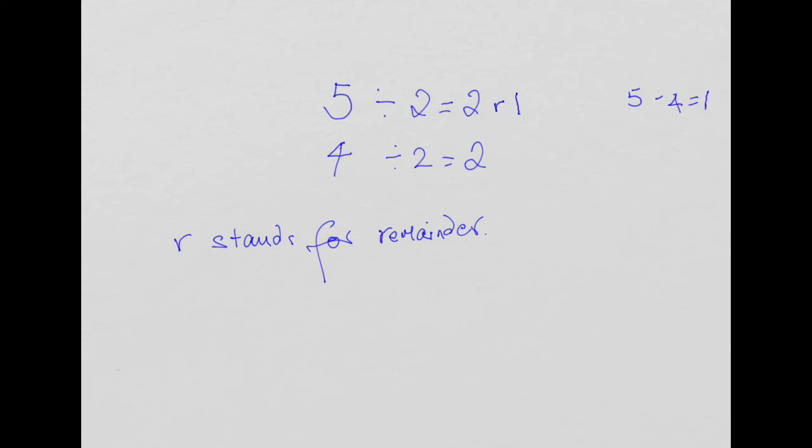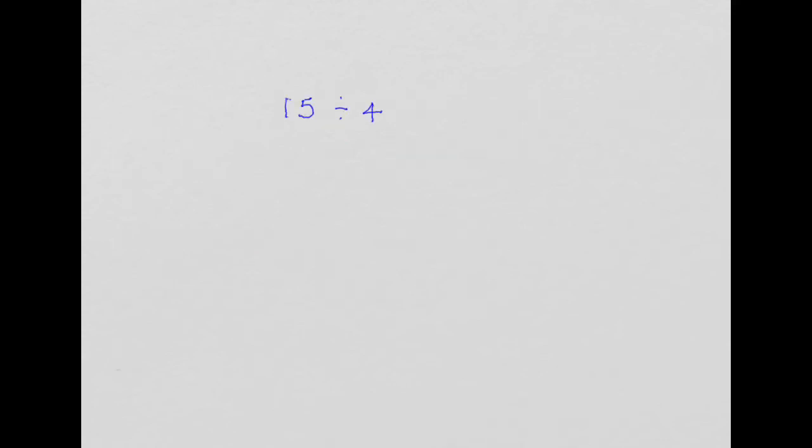Does that make sense? Well, let's have a look at another one, shall we? This is the one that we're going to do, 15 divided by 4. Now, 15 is not in the 4 times table. So what is the first number lower than 15 that is in the 4 times table?